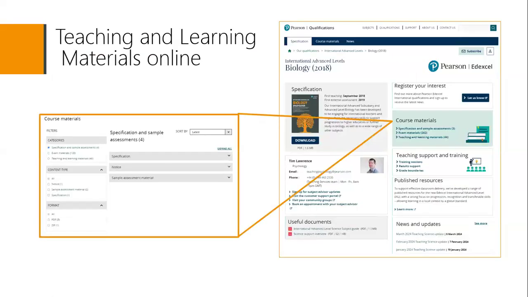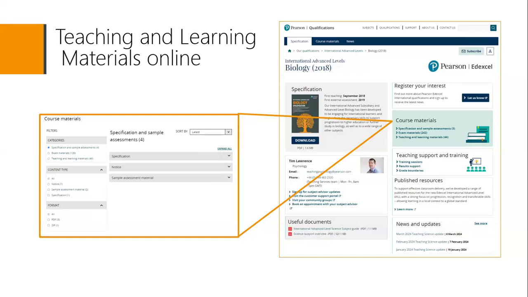A number of materials are available on the website. Now, a number of you have been asking about this. If you are teaching the Pearson A-level qualification, that will give you access to the materials available on the website.